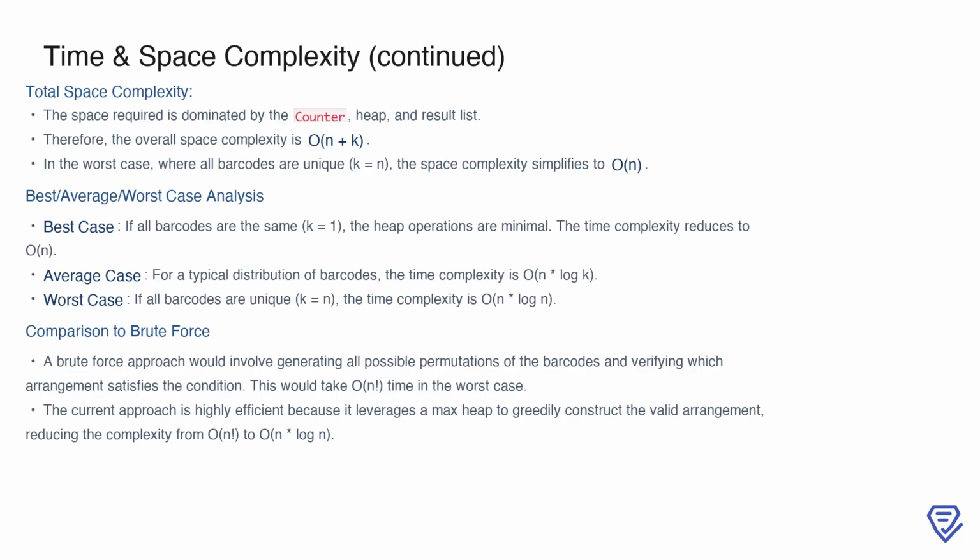Comparing this to a brute force approach, where we generate all permutations of the barcodes and check each one, the difference is stark. A brute force solution would take O(n!) time in the worst case. By leveraging a max heap to construct a valid arrangement greedily, we significantly reduce the complexity to O(n * log n), making this approach highly efficient.